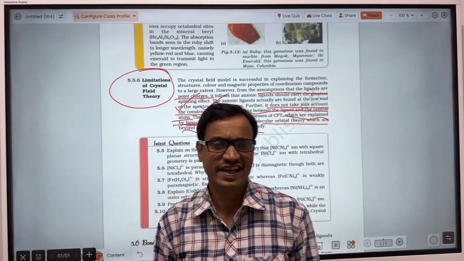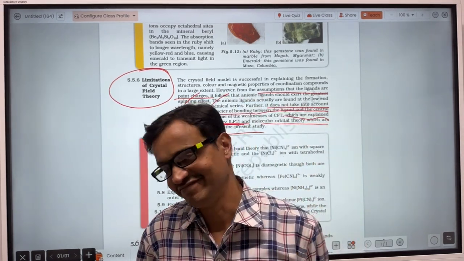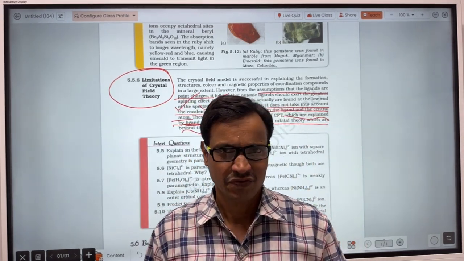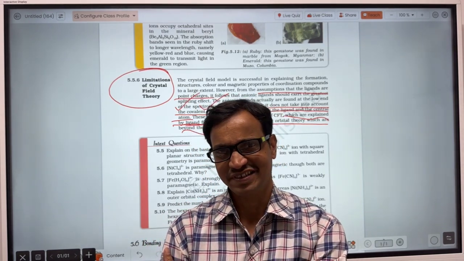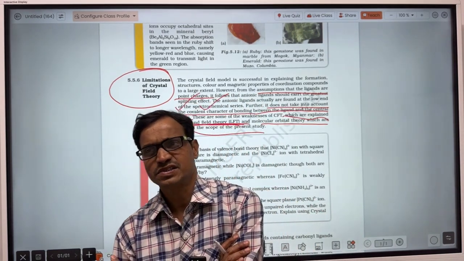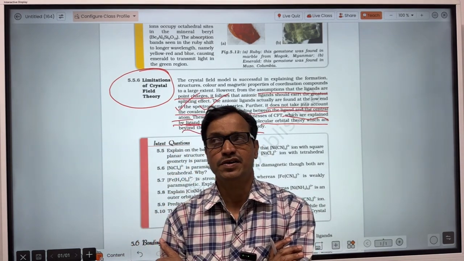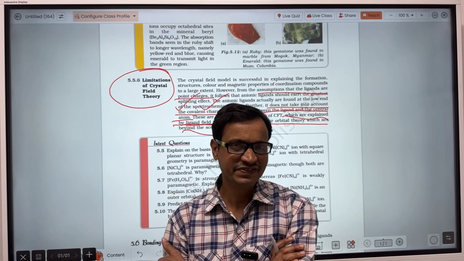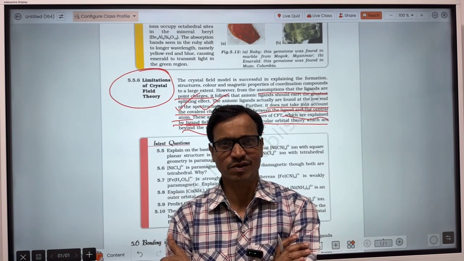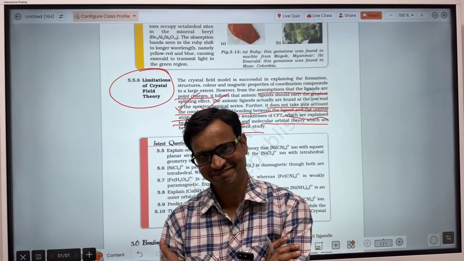So crystal field theory has very effectively explained why the coordination compounds show color, and how the shape of the molecules will be determined, as well as the magnetic behavior of the compound.